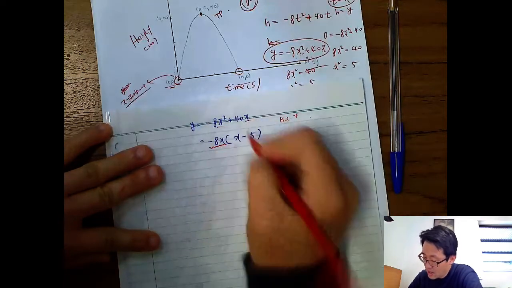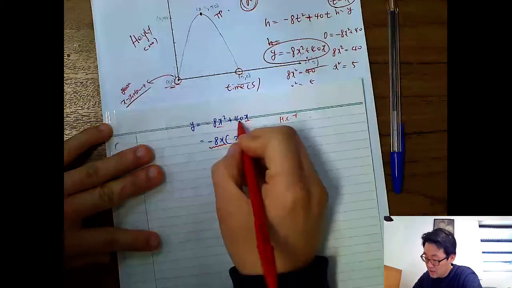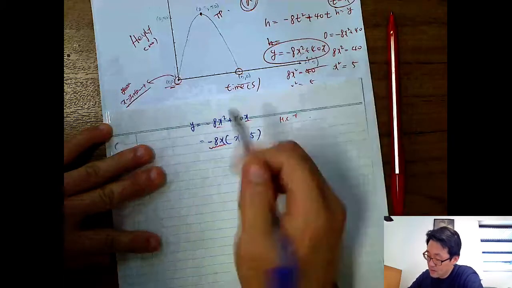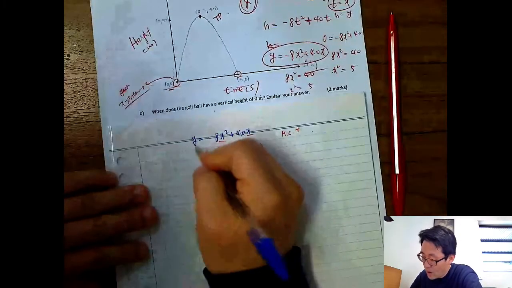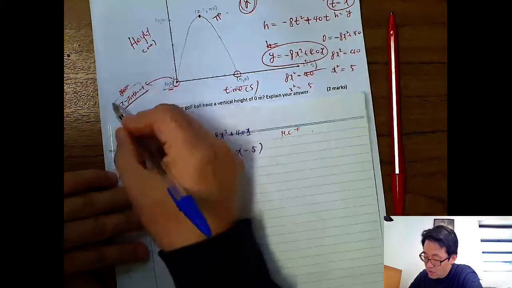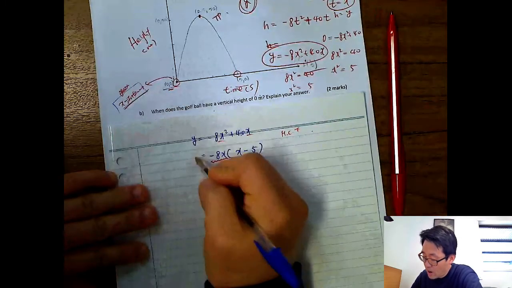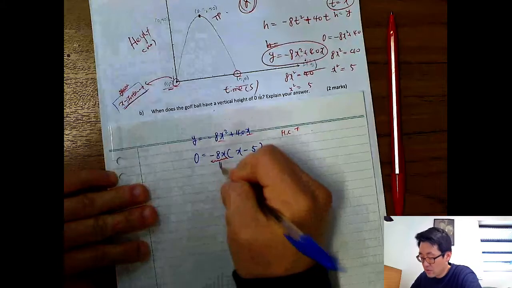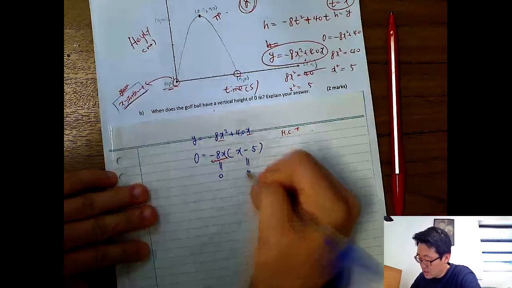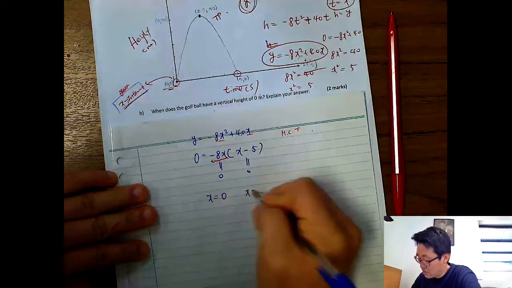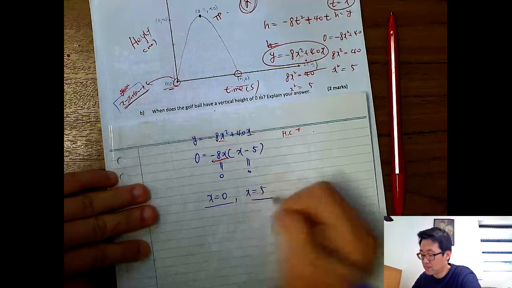I can see x in both, okay? And then I can see 8 and 8 there. Therefore, when I want to know the x-intercept, when y equals 0, so that has to be 0, that has to be 0. Therefore, x equals 0, x equals 5.